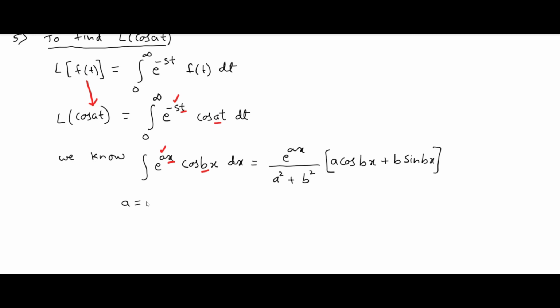So a value over here is minus s. Your value of x is nothing but t. Your value of b is nothing but a. So replace this value back in the given formula.